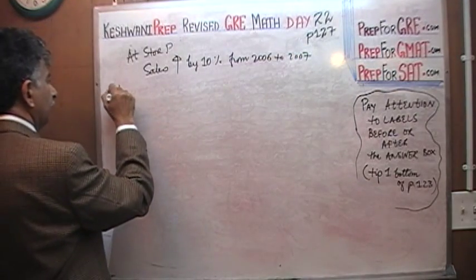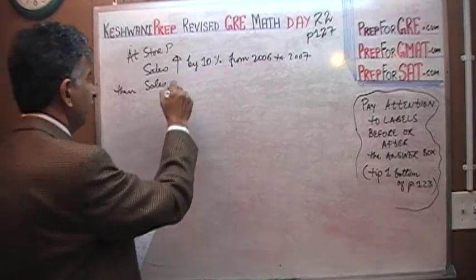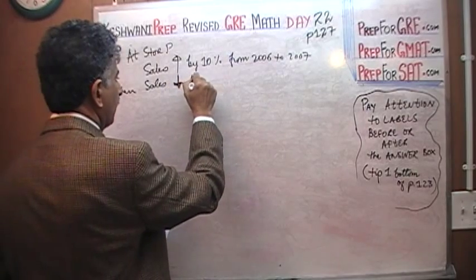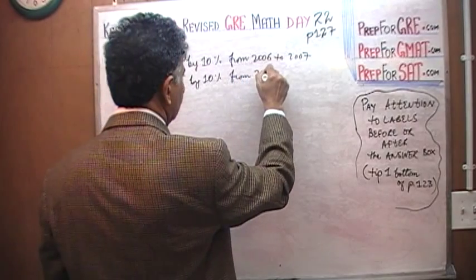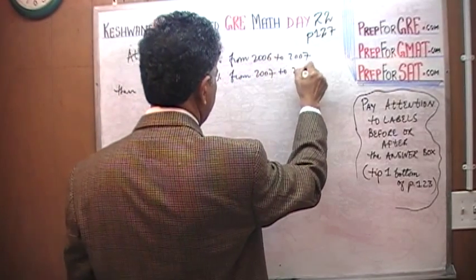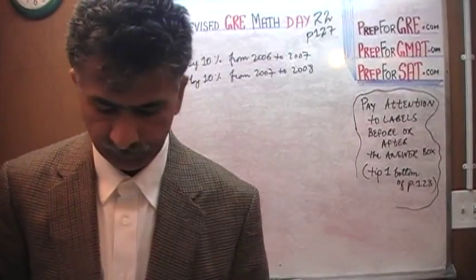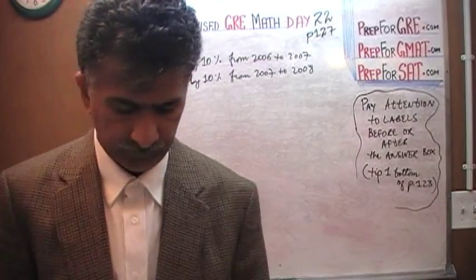Then we are told that the sales at the same store went down by 10% from 2007 to 2008. The question simply is, what is the amount of sales in 2008?